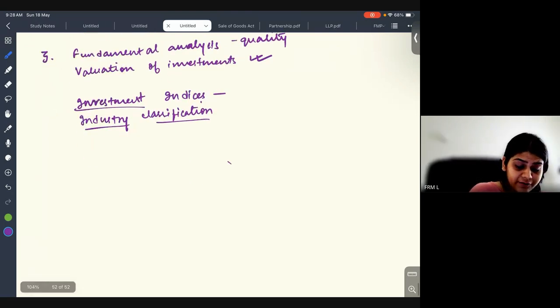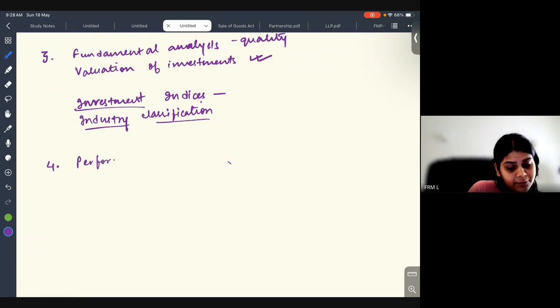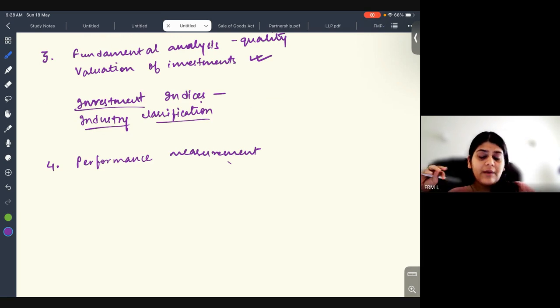After that, we come to a few chapters on performance measurement. Now, what is performance measurement? Whenever we have investment consultants or investment strategists, what we need to do is measure their performance.